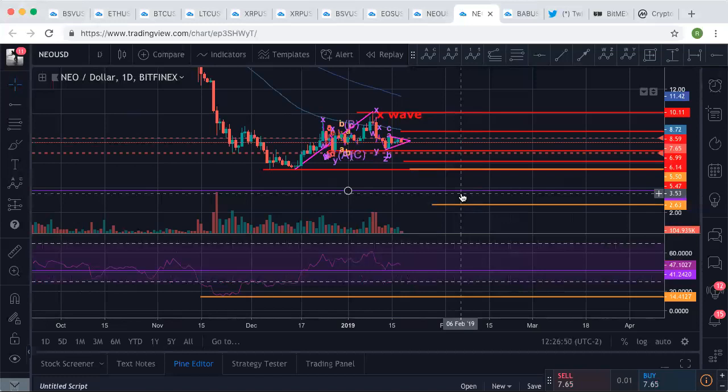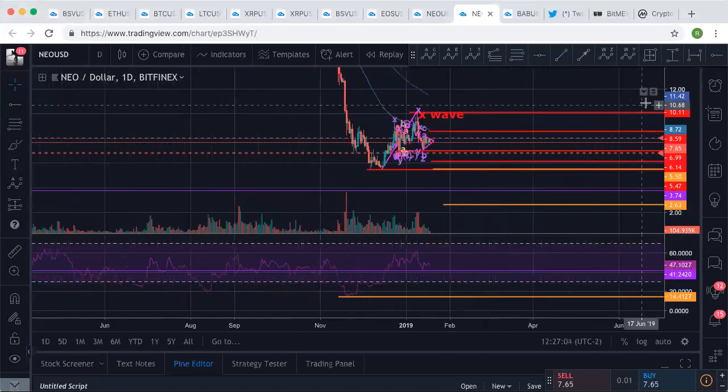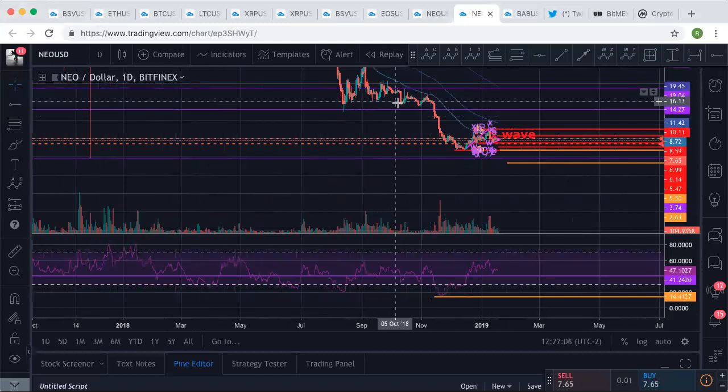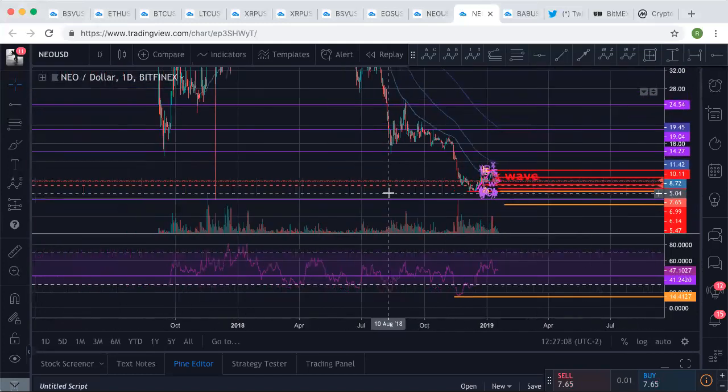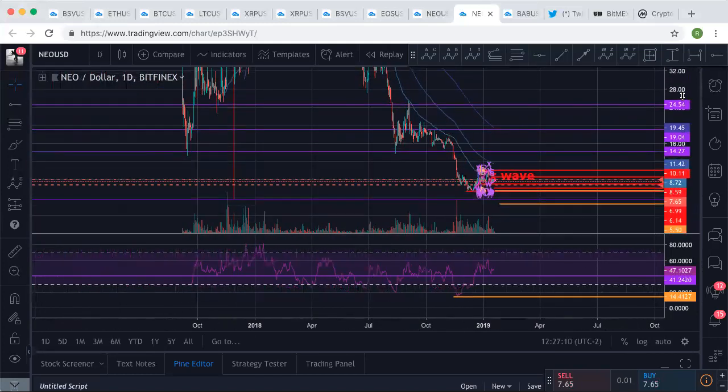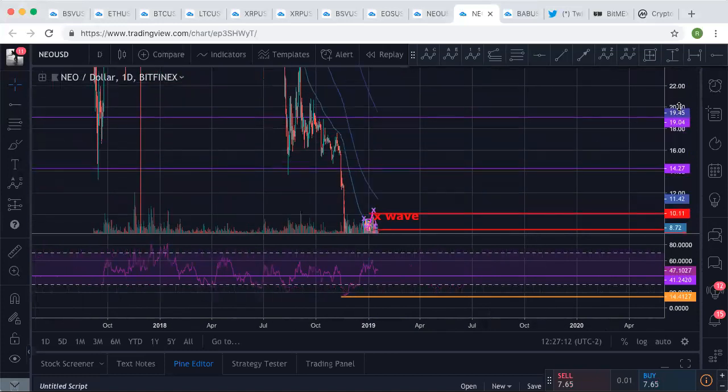But if we do end up getting this big long candle and the daily close remains above here, that's really bullish, and we should get a really nice pump out of that. Looking at the entire structure, we could end up back up in the $25 range.